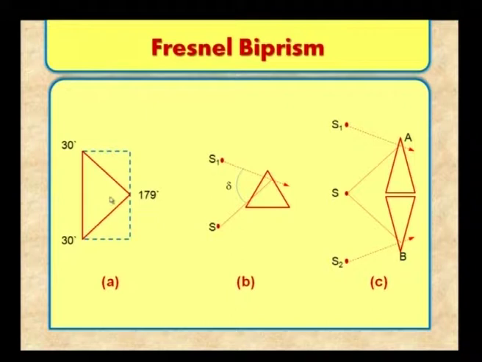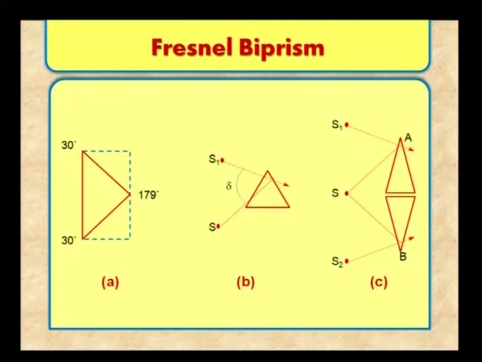This is the biprism, right? This is the angle that is 179 degrees, right? You have the biprism here, and the light coming from the source S. Supposing you have 2 prisms and a source, for this source you will have 2 virtual sources, S1 and S2.